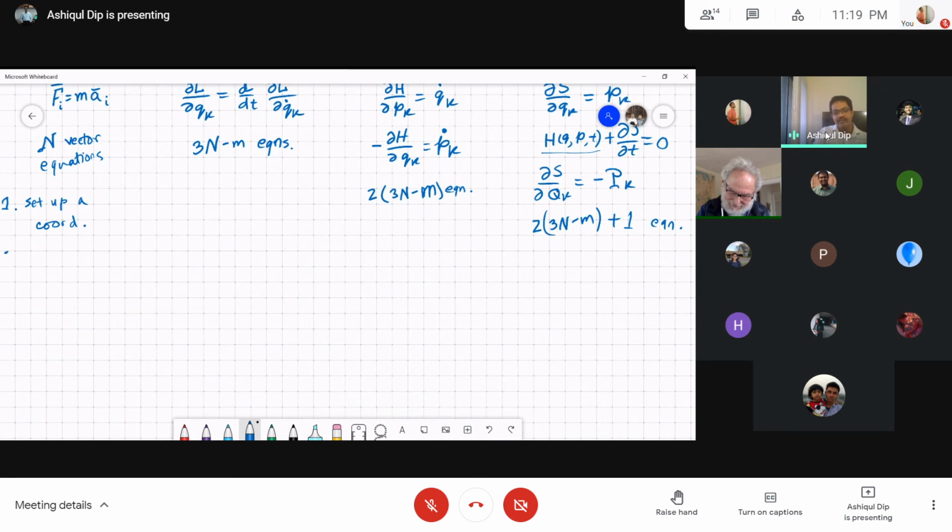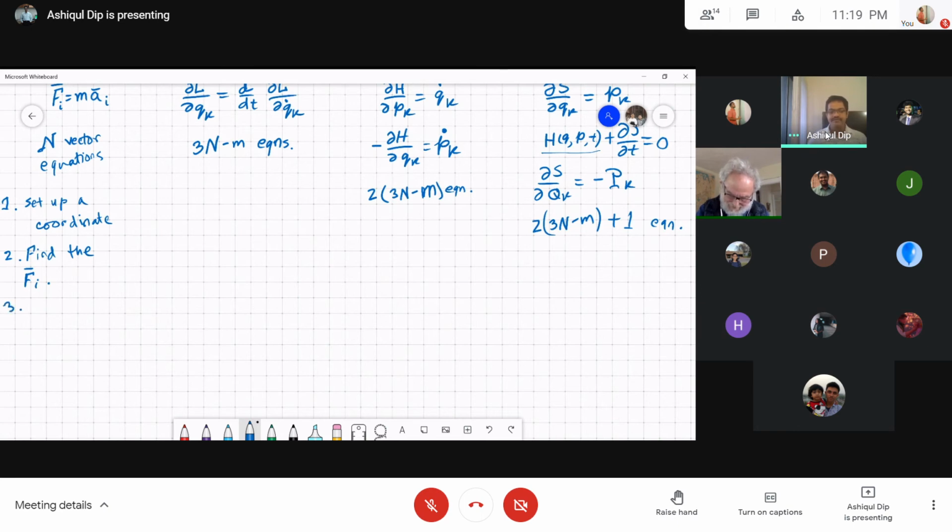What's the next step? In Newton's law, the biggest one is finding out the forces. Yes, find the forces. That's the next step. So find the forces, find the Fi. That's actually a challenging step sometimes.